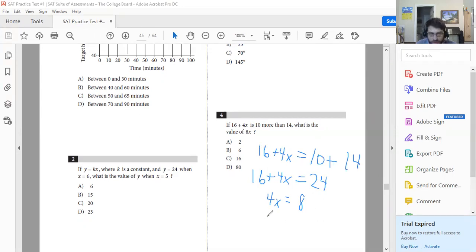We could just go straight to 8x equals 16. If you solved x equals 2, then 2 times 8 is 16 also.